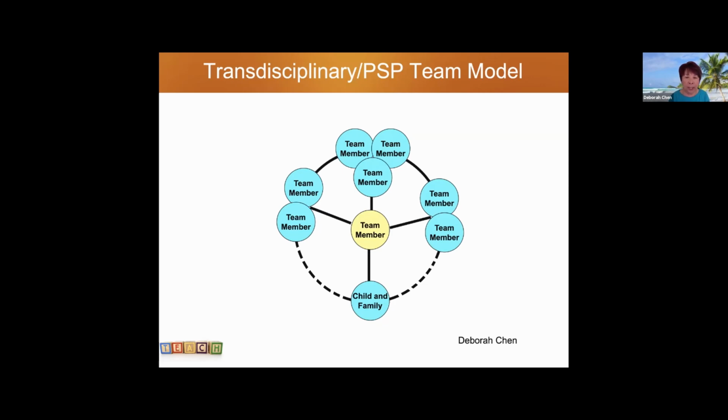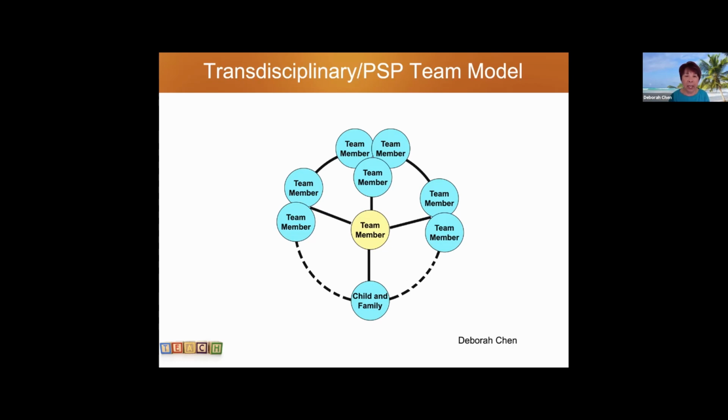Now, this means that the child and family may receive joint visits, so that other team members may have some hands-on time with the child and family if needed. But there is coordination of those services through a primary facilitator.